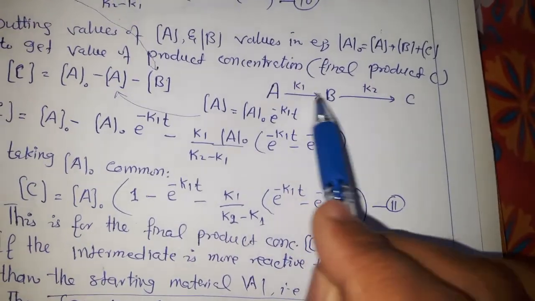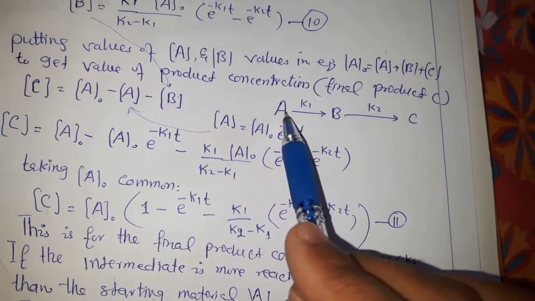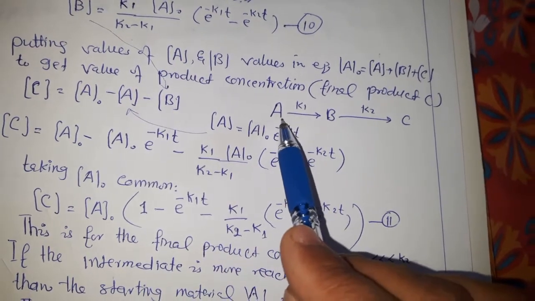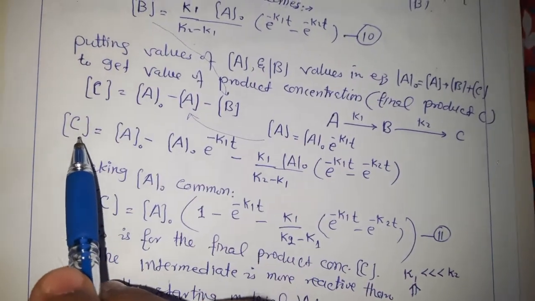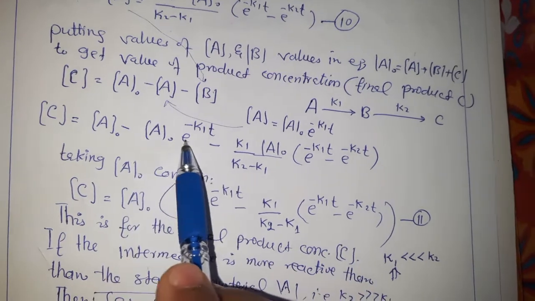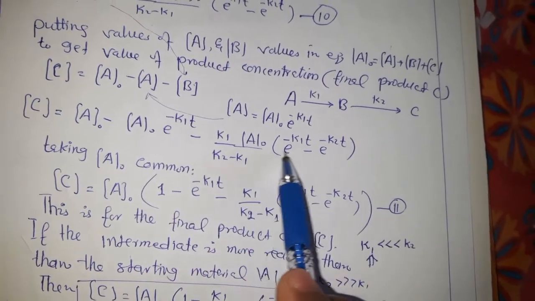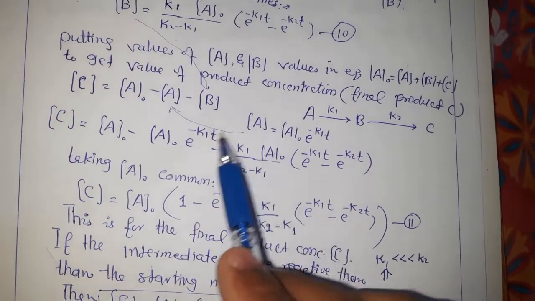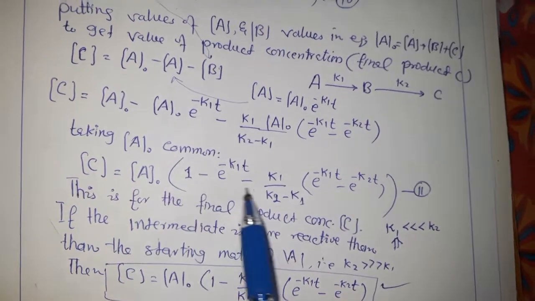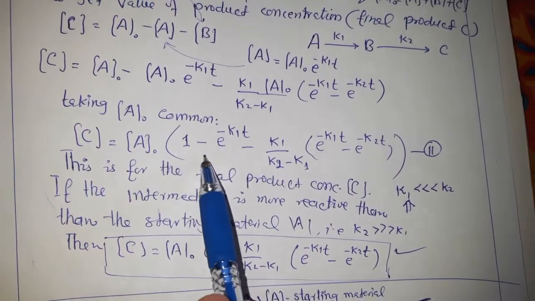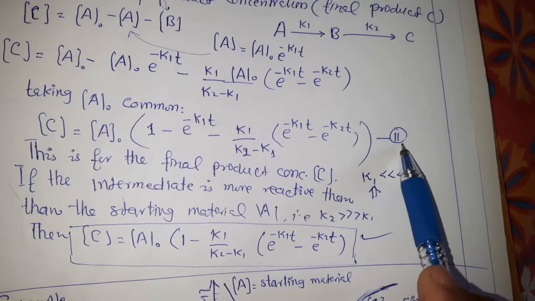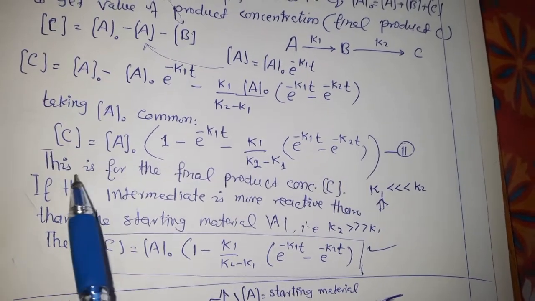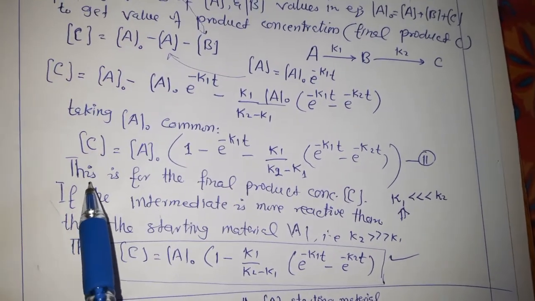So this is our overall equation for a series or multi-step reaction. We can get the concentration of c by putting the values of a and b, taking a naught common. After taking a naught common, we have equation 11, our final equation. This equation can be simplified a little more.